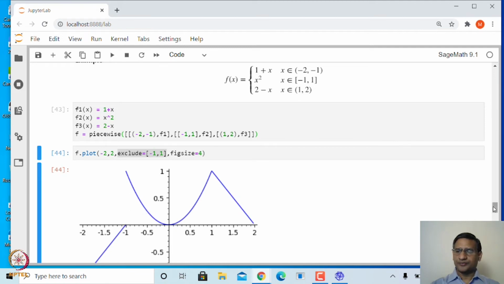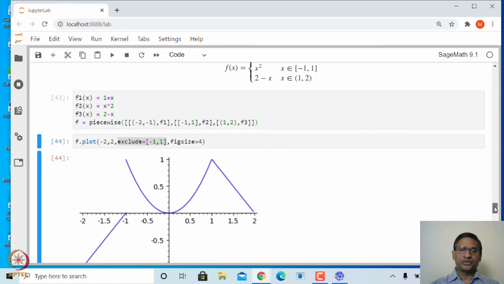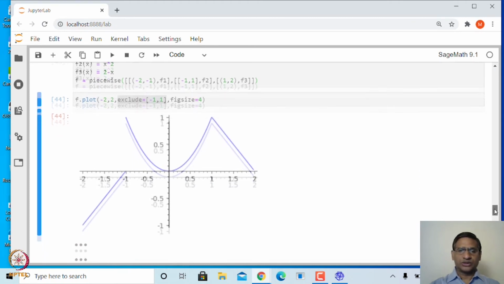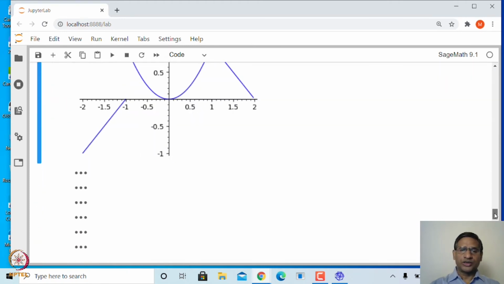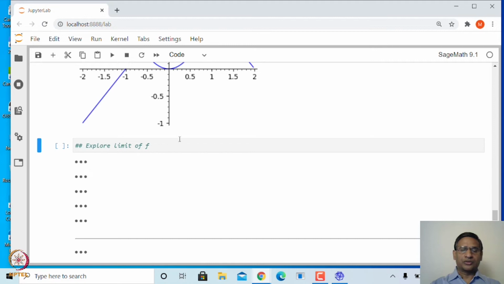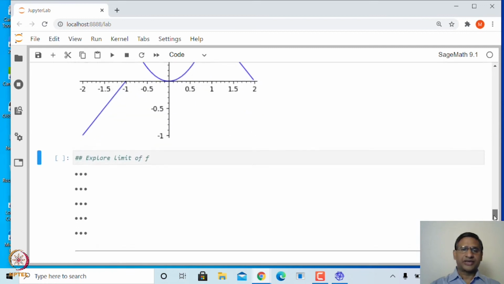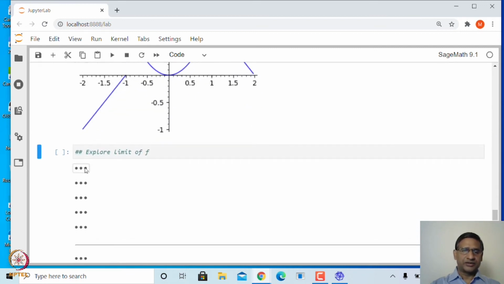So, Sage will not give you the limit of f, but you have to find it using the limit of each of these components, right. So, that is what you need to do. You should try to find these limits at 1 and minus 1. Graphically it is quite clear, right.